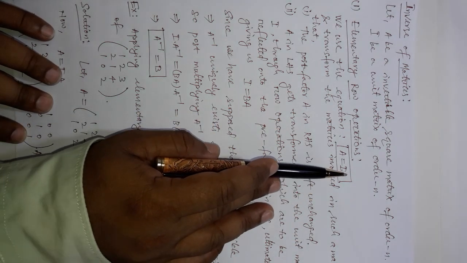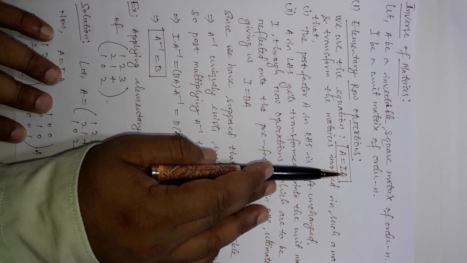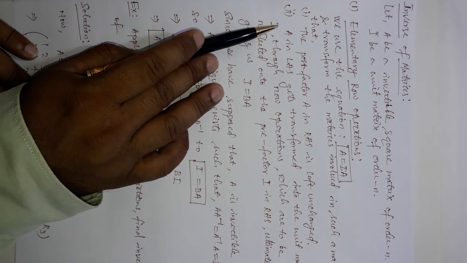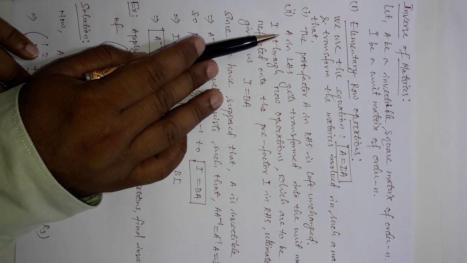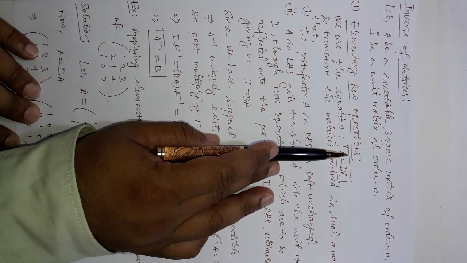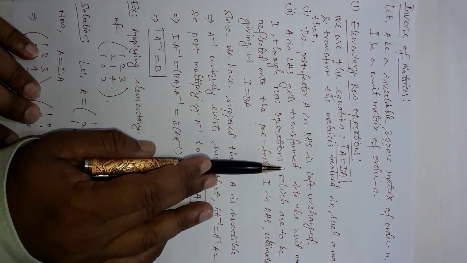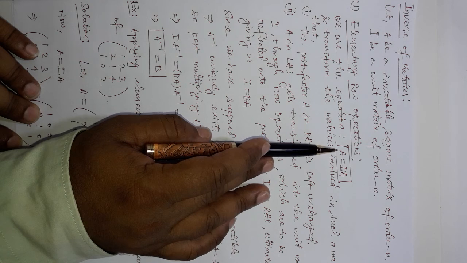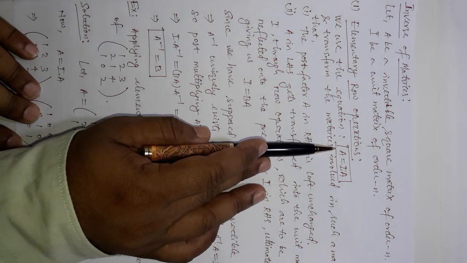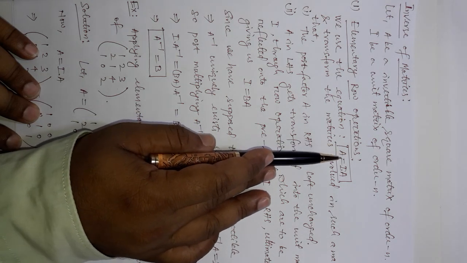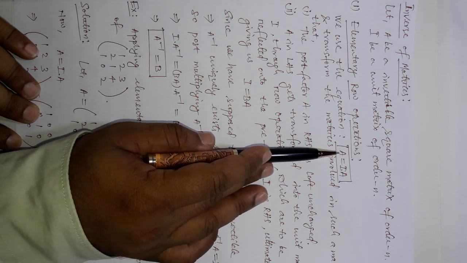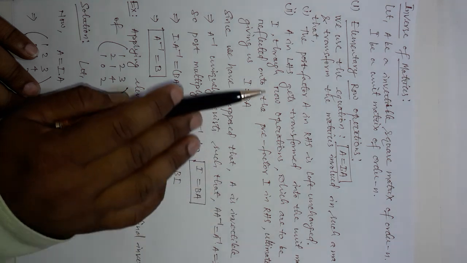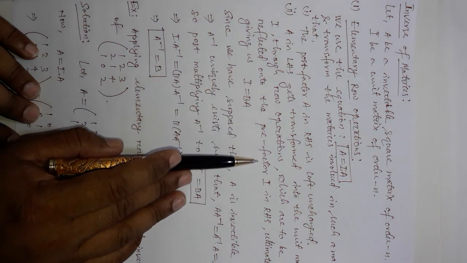The matrix A will be written and not changed at all. The second step: the matrix A in the left hand side gets transformed into the unit matrix I. We will change this A to I through row operations, which are to be reflected onto the pre factor I.